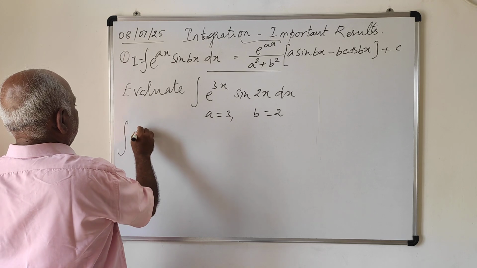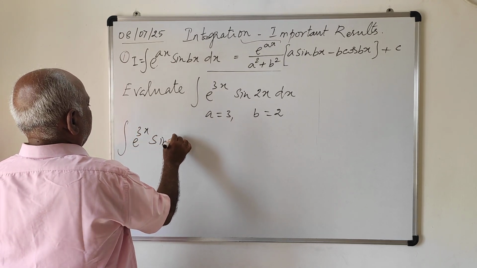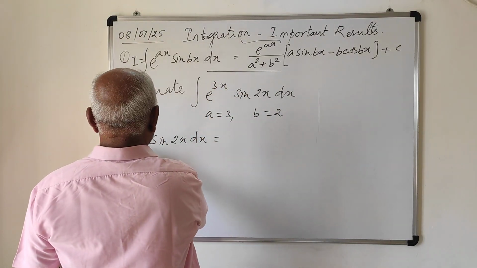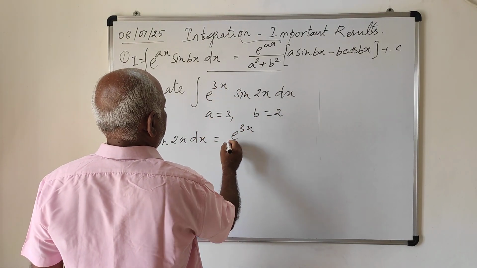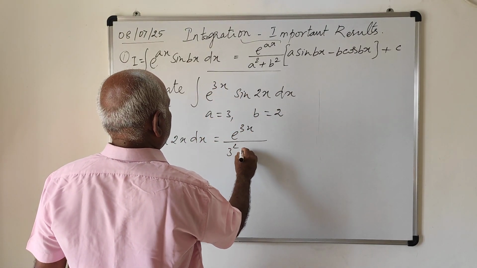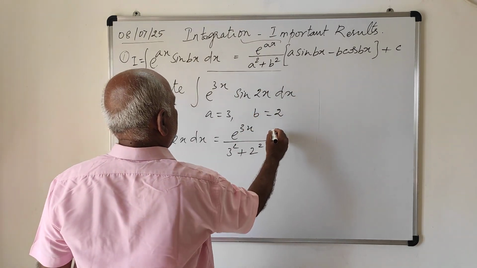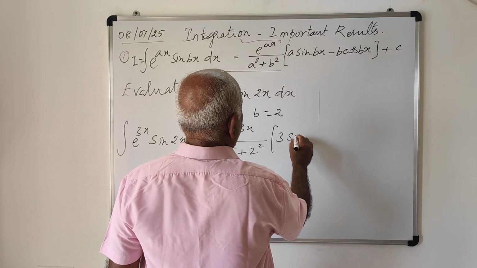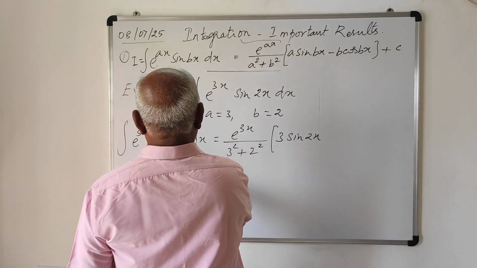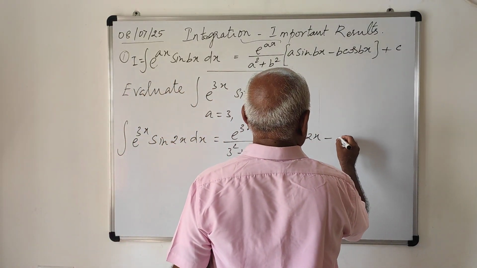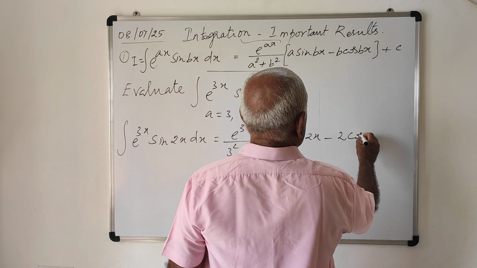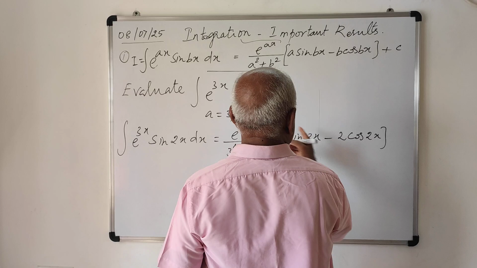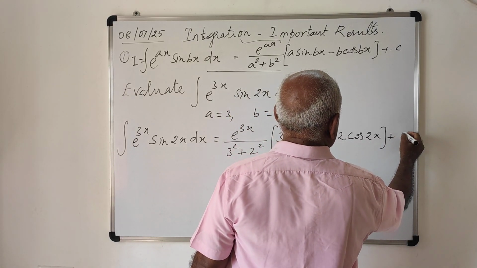So integral e power 3x sin 2x dx equal to e power ax, that is e power 3x, by a square plus b square, 3 square plus 2 square, into a sin bx, a is 3, so 3 sin 2x, minus b cos bx, b is 2, so 2 cos 2x, plus c.